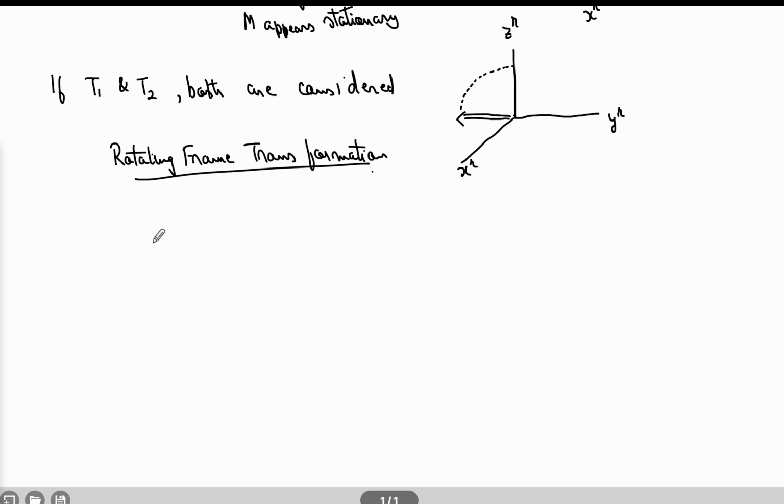So now imagine that spin is precessing at Larmor frequency omega naught.